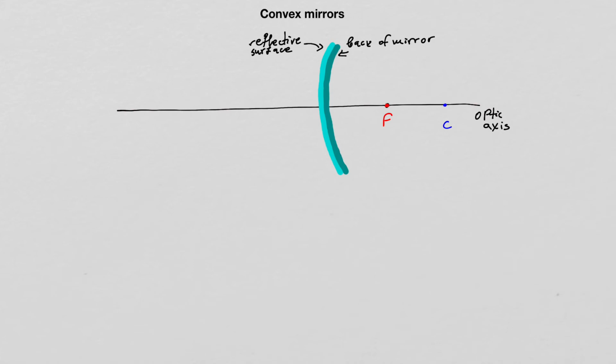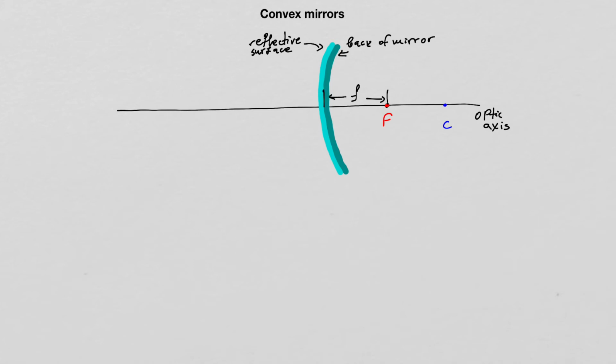Then the focal point is on the optic axis, and then the center of curvature of the mirror is also on the optic axis. The distance from the focal point to the mirror is the focal distance f.